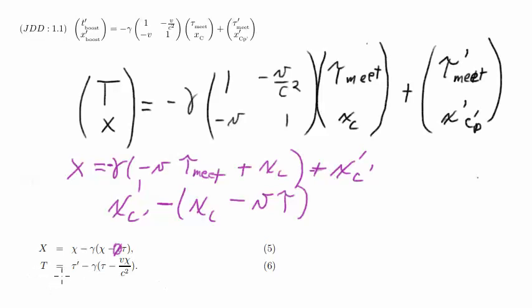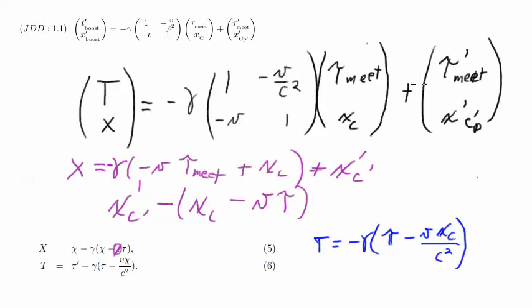Next we have t. Let's go ahead and write out this part of the line. It'll be t equals negative gamma times 1 times tau meet. I'll just write tau for now. Minus v x sub c over c squared. And where are we?